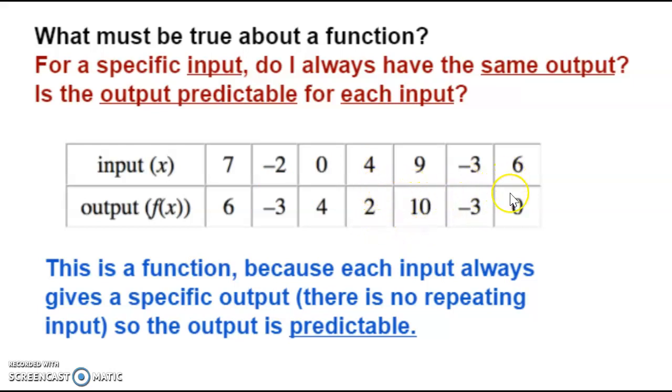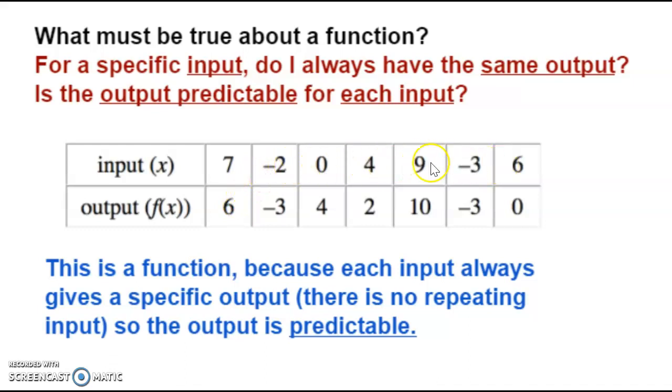Now, did each input always give a specific output? When you put in 7, did it always produce 6? Well, there's no other input of 7 here. So yeah, that's the only output that we got.